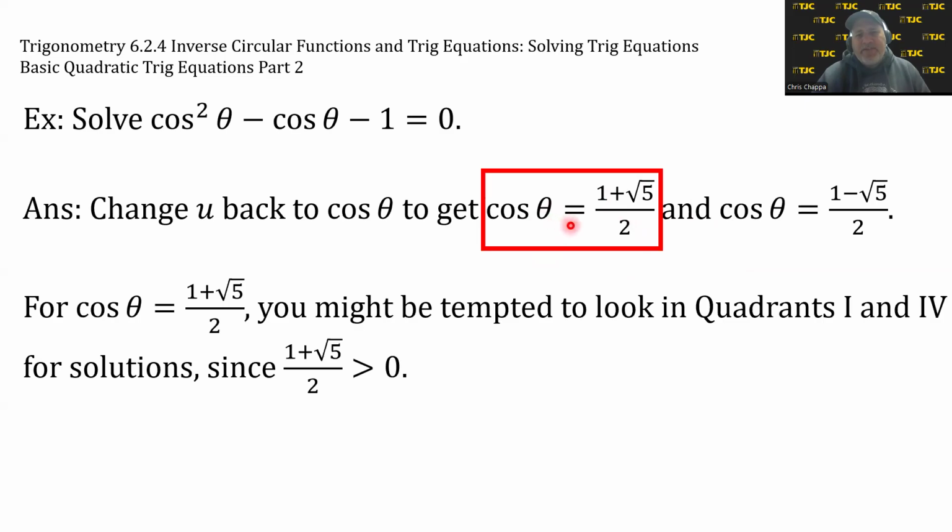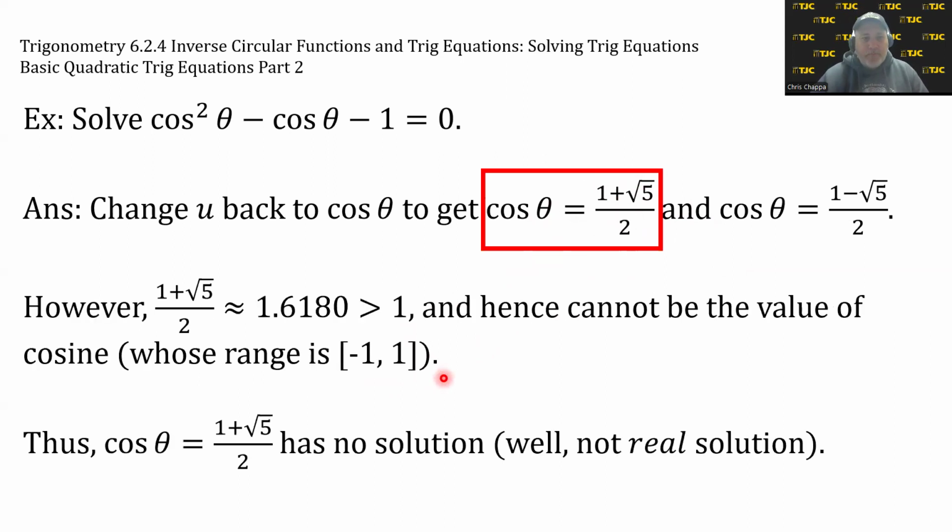Now, for cosine theta equals 1 plus square root of 5 over 2, you might be tempted to look in quadrants 1 and 4 for solutions, since 1 plus square root of 5 over 2 is positive, and cosine is positive in quadrants 1 and 4. However, as a decimal, 1 plus square root of 5 over 2 is approximately 1.6180.